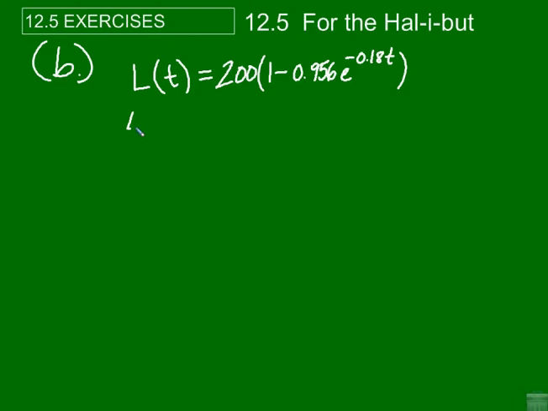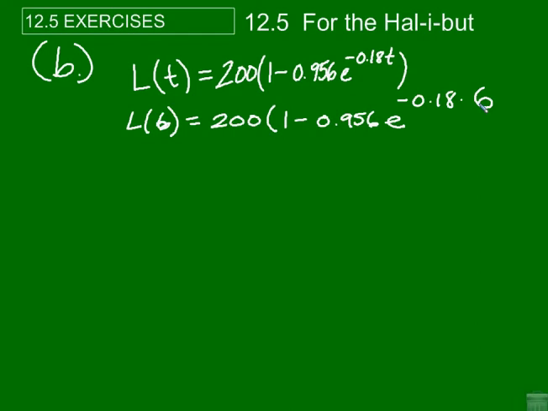So I end up with L of 6 equals 200 times 1 minus 0.956 e to the negative 0.18 times 6.